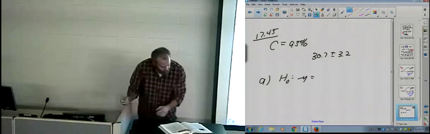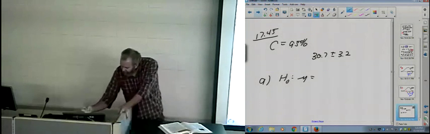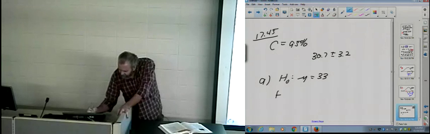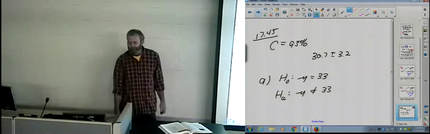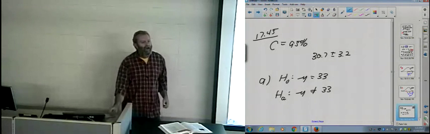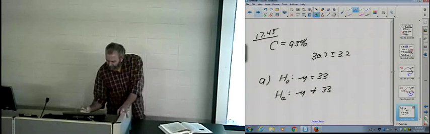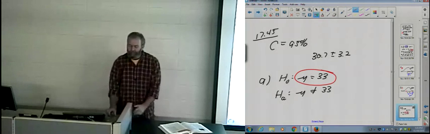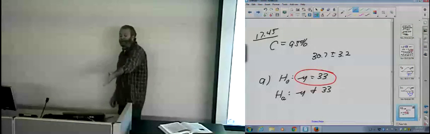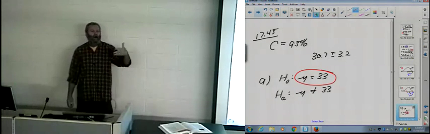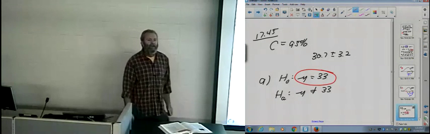Mu is equal to 33. It says two-sided, so the alternative is mu does not equal 33. So you take this value right here, that mu is equal to 33. Then the question is, this interval here from 30.7 plus or minus 3.2, is 33 in there?